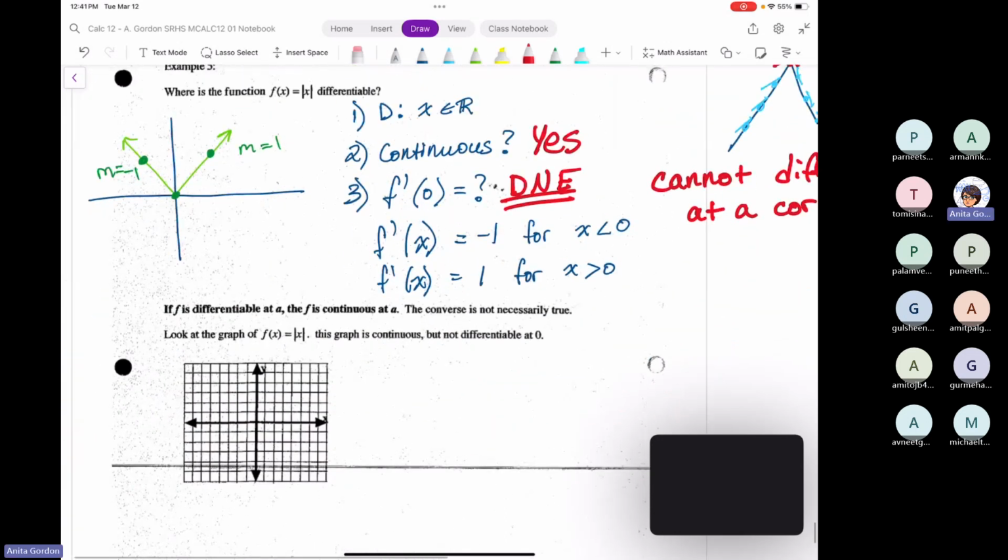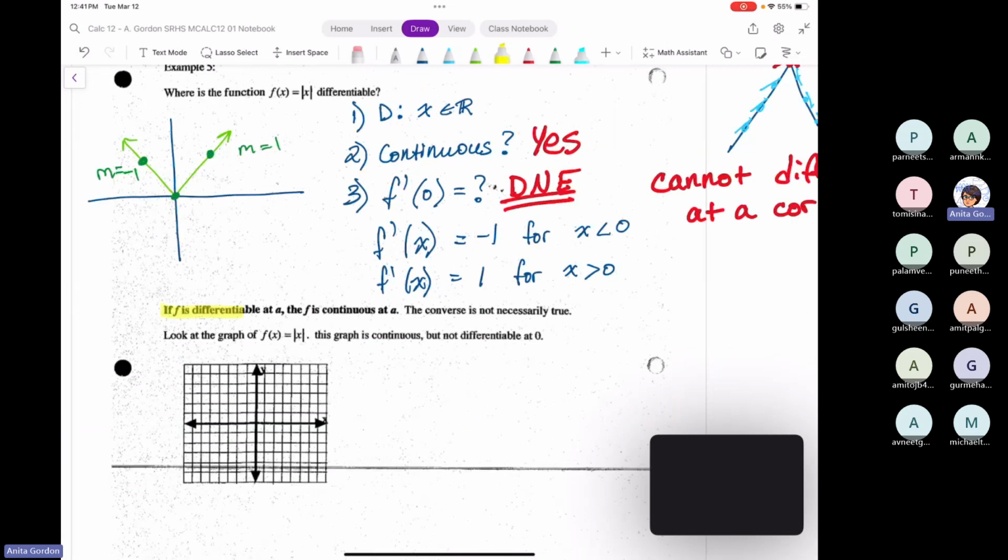So here's the catch. It is in bold. If f is differentiable at a, then f has to be continuous at a. However, the opposite is not true. Because as we can see, f is continuous at 0.